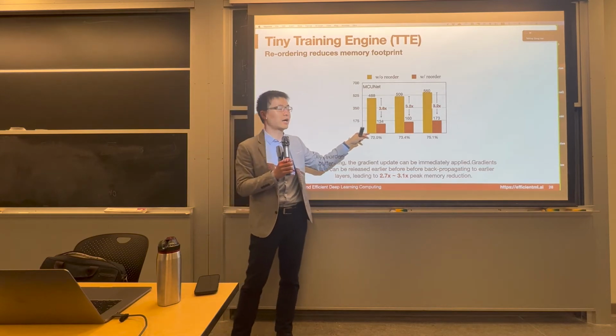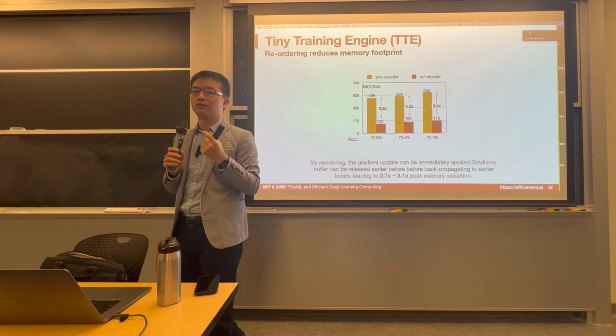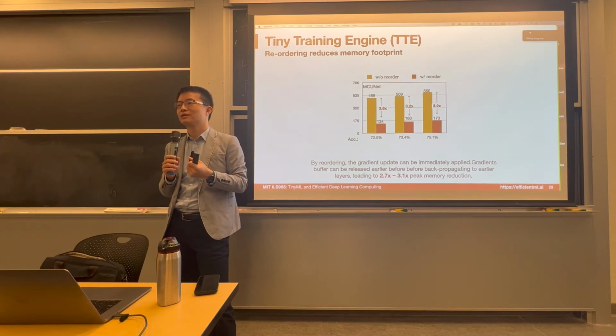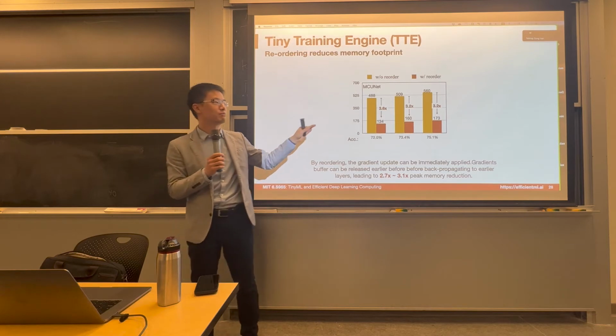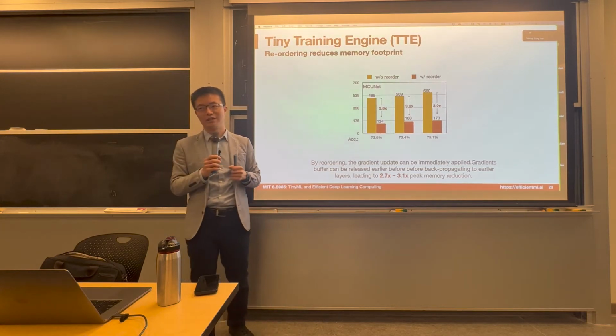So in the tiny scenario, this kind of reordering, this kind of memory for the gradient matters. But when you are training large-scale language models where the activation matters, the activation will dominate, and this method will not save the memory for activation, only the memory for the gradient.